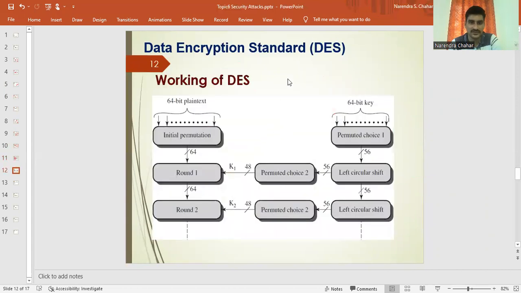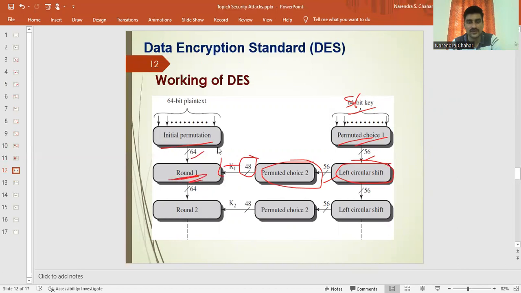Now when we see the working of DES, this is the initial permutation of 64 bits. Here a 64-bit key, it's 56. So the permutation choice is taken here. On the 56 bits, the left circular shift is applied and the permutation choice is applied, and then the 48 bits are selected. So what is in the round?